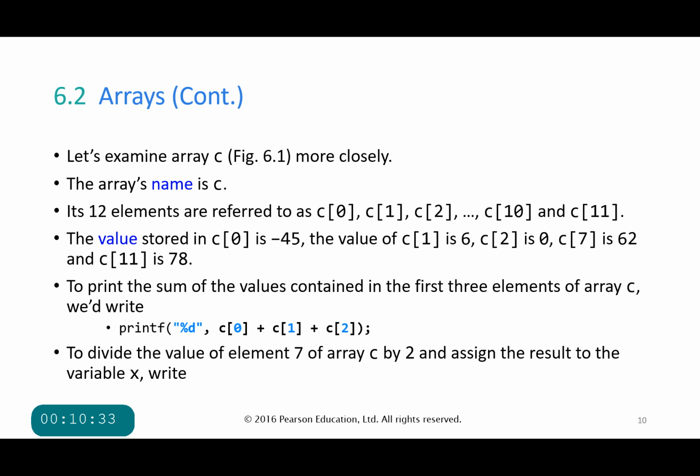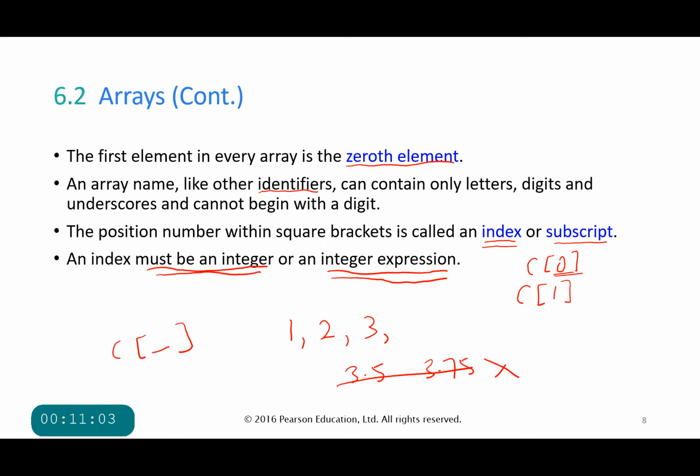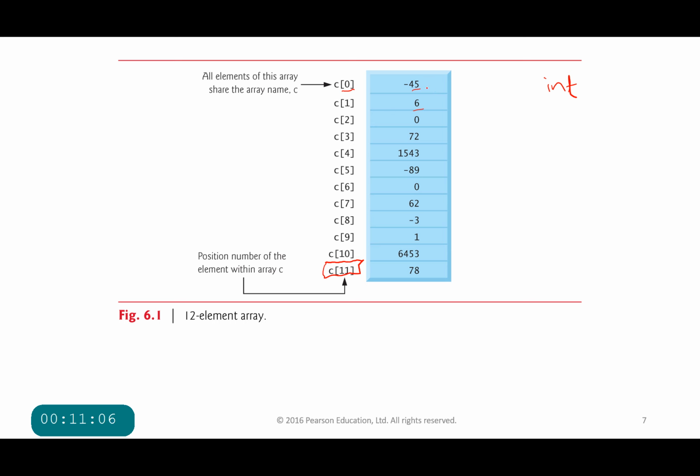So let's look at the array a bit more closely. Actually, we have already talked about this. It has 12 elements which are referred to using the index numbers inside square brackets. C[0] is the 0th element, C[11] is the last element. C[0] contains a value of minus 45, sorry, not 45, it's minus 45.